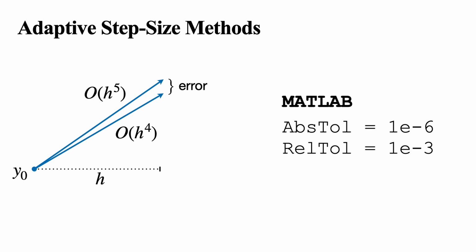So you can think of the relative tolerance as specifying the number of significant digits you want to have in your solution, and the absolute tolerance is the smallest error below which you don't really care about. So with that, let's go see how this works in terms of the toolbox.